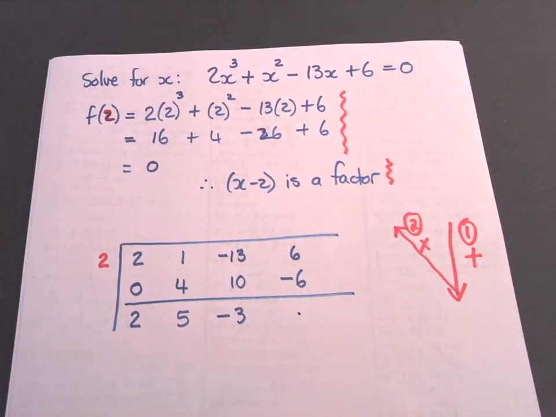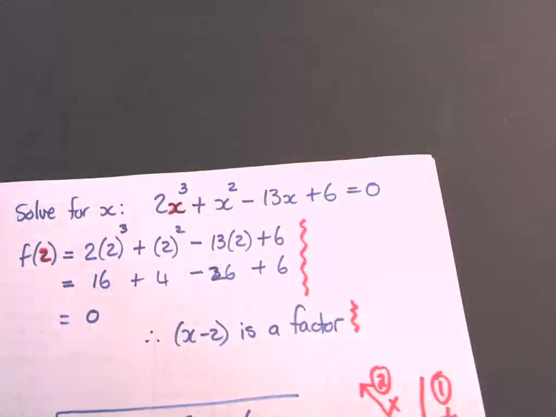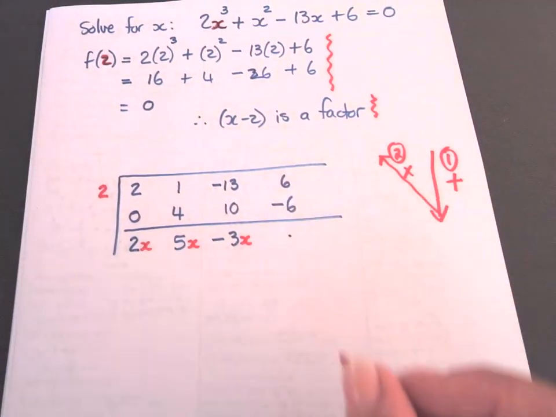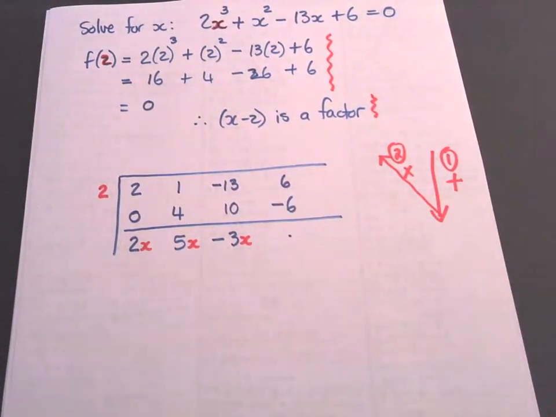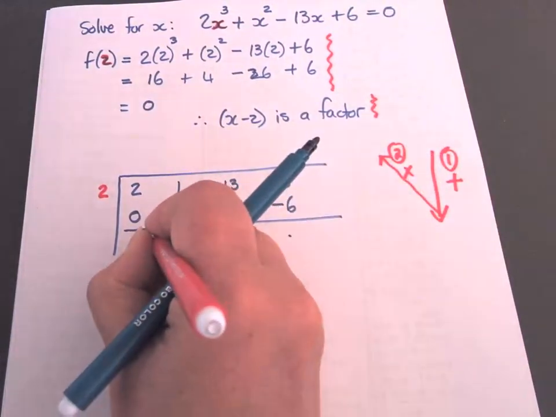Now you write your variable, which is an x, next to each term, and you go from right to left, ascending order, 0, 1, 2.